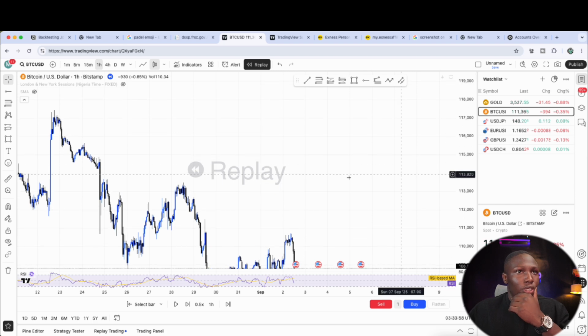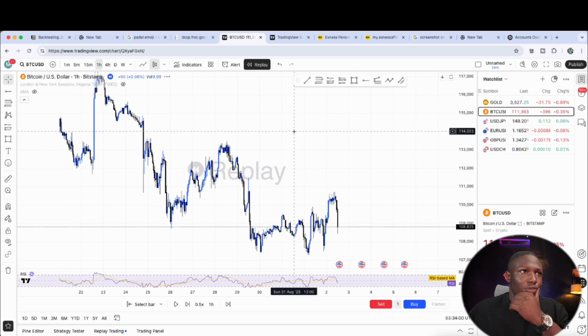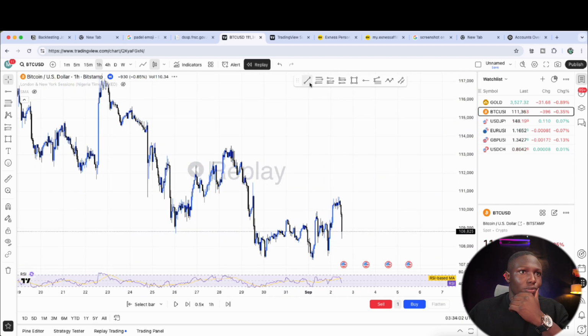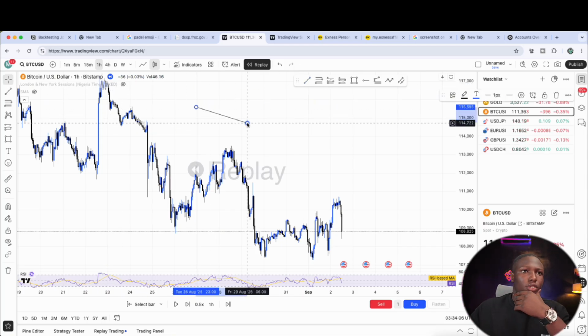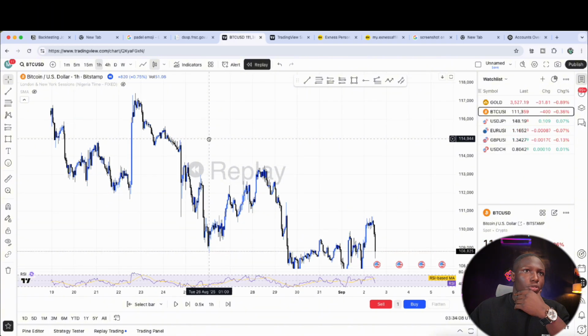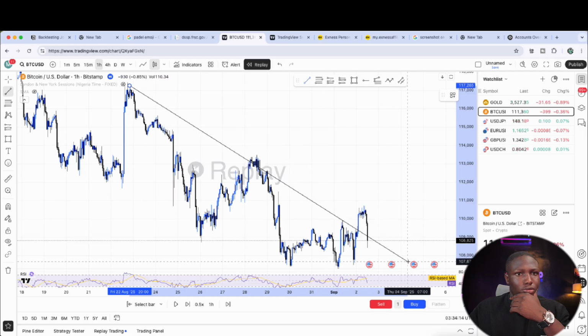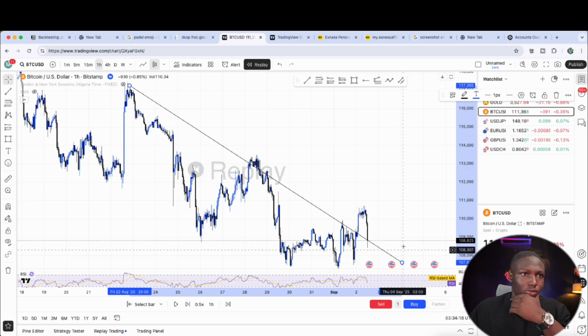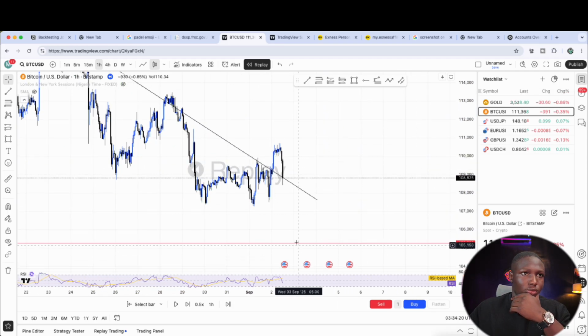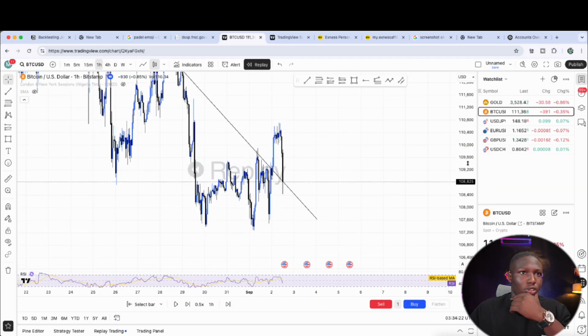On the 1-hour time frame, still more sells.